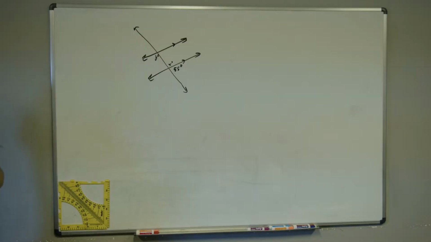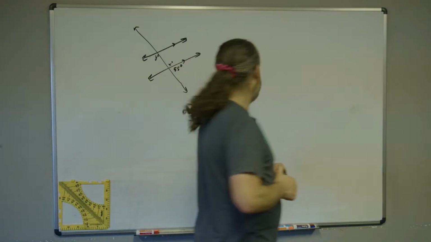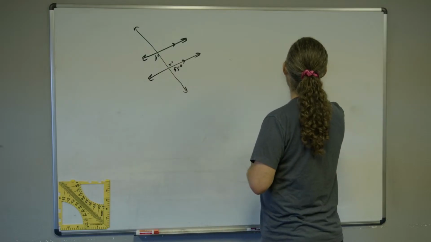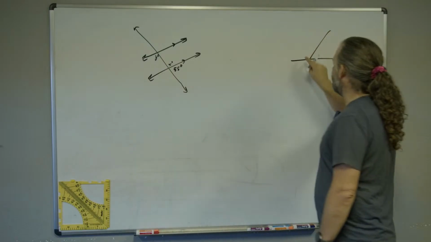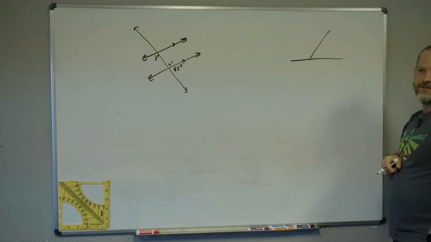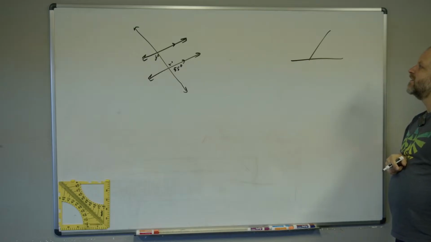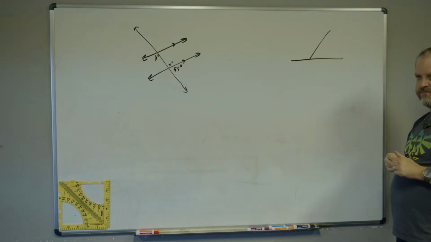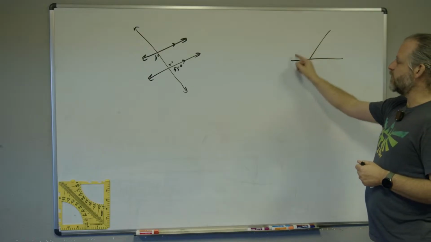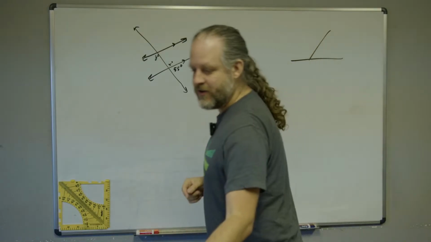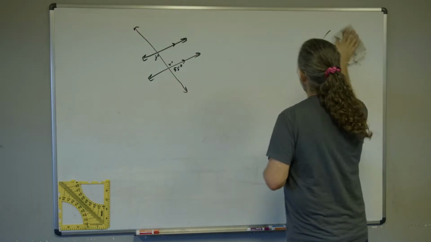How is a linear pair related? No, they're not congruent. Vertical angles are congruent, right? But a linear pair is not congruent. You can even tell just by looking at it. If we draw one, those are definitely not the same. How are they related though? They're supplementary because a straight line is 180 degrees. So those two adjacent angles are supplementary.